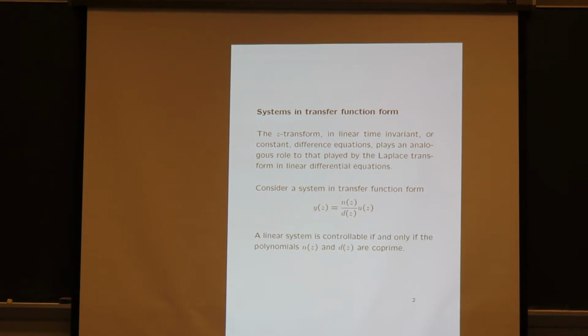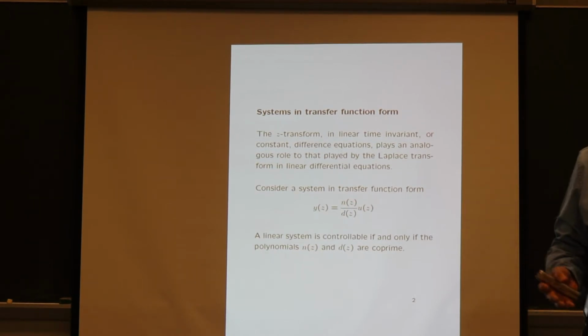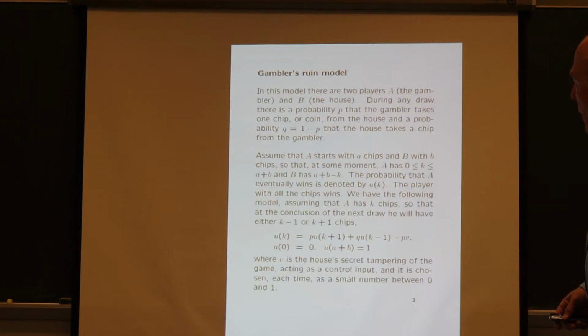In this case, the definition of flatness coincides in a spirit with the definition of flatness in continuous time systems. So if you have a transfer function characterized by a rational transfer function that is the quotient of two polynomials in z, then if those two polynomials have no non-trivial common factors, then the system is said to be controllable. And that's the definition of controllability.